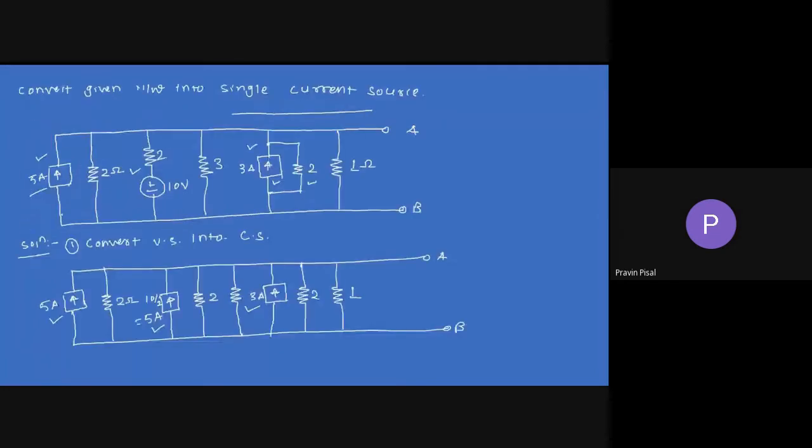Now see how many resistances are there. There is one 2 ohm resistance, another 2 ohm resistance, this is a 3 ohm resistance, there is a 2 ohm resistance and a 1 ohm resistance. So total 5: 1, 2, 3, 4, 5.